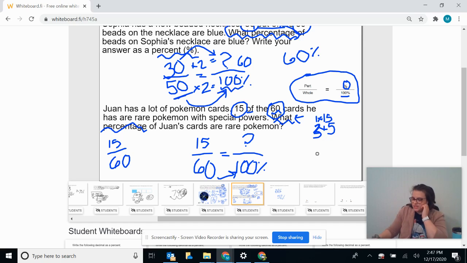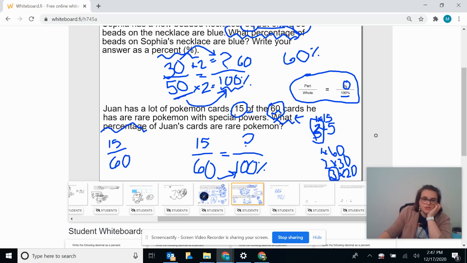And then for 60, I can do 1 times 60, 2 times 30, 3 times 20. Oh, well, 3 goes into 15, and 3 goes into 60. So let's use that to simplify, okay?